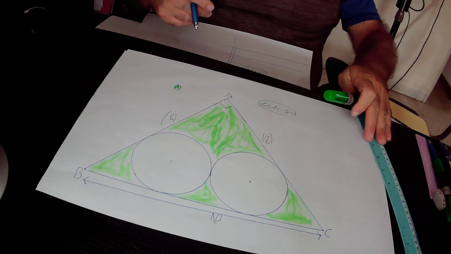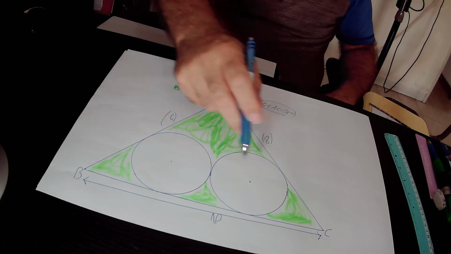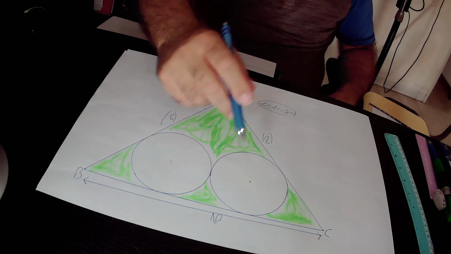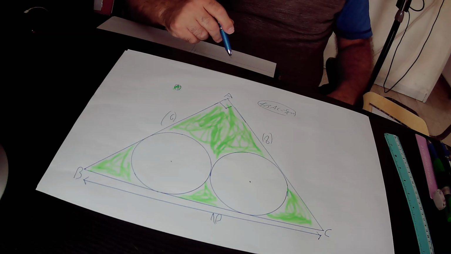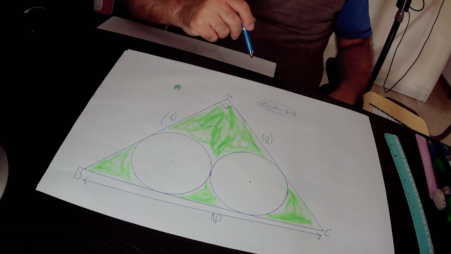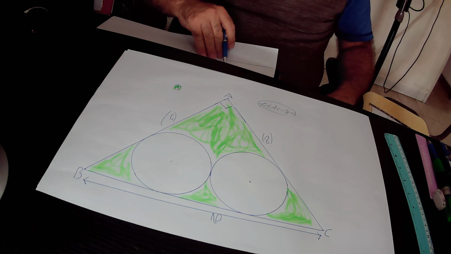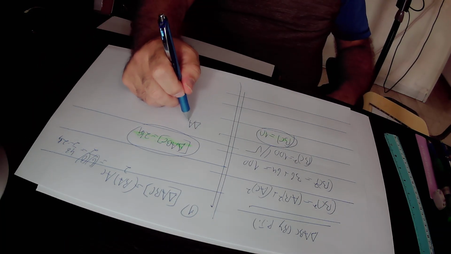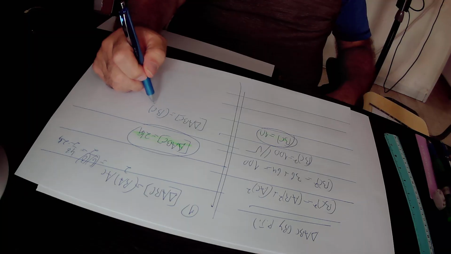We can find the area of triangle ABC in a different way. We choose the base as BC, and the area of triangle ABC must equal the base BC times the height to the base, which we define as h, over 2.